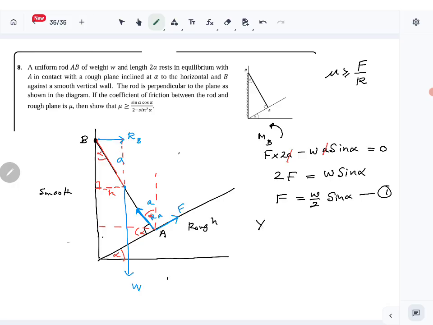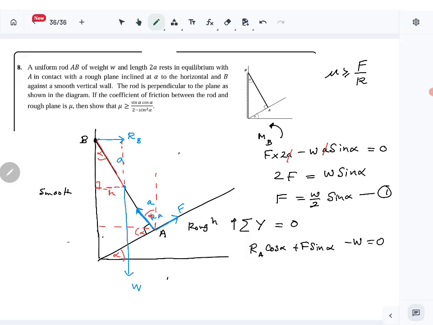Sum of the vertical components should be equal to 0, taking up as positive. RA cos alpha is positive. F sine alpha is also positive because it is in the upward direction. RB we don't need to worry about. Then minus W equals 0.